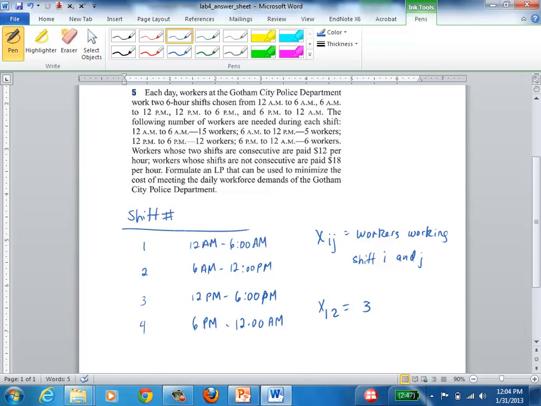And then for those working separate shifts, you can list those x that represent the separate shifts and multiply them by the cost, 12 times 80. And you want to minimize that cost.